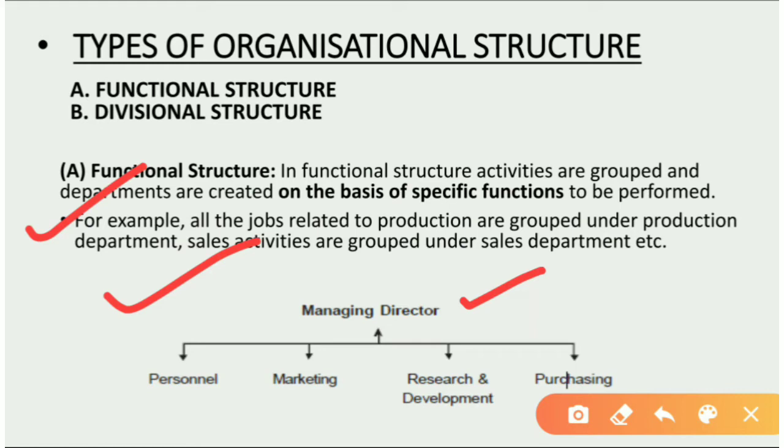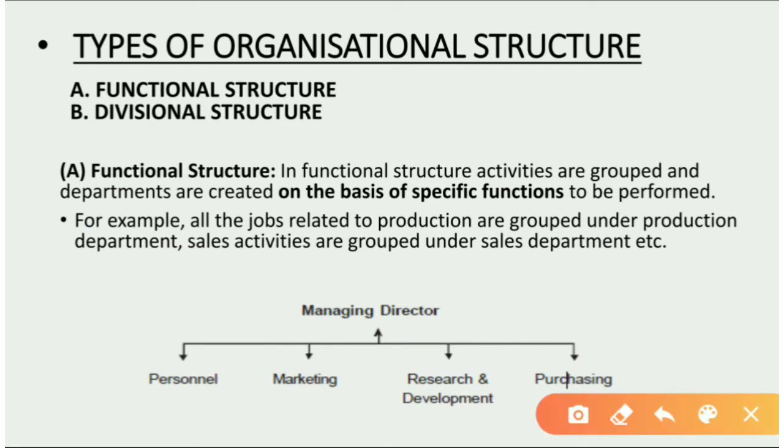Under the manager there are different departments: human resource, marketing, research and development, and purchase. These are functions, and on the basis of functions different departments are created. There are not only four functions mentioned here; many more functions are carried out in the organization.